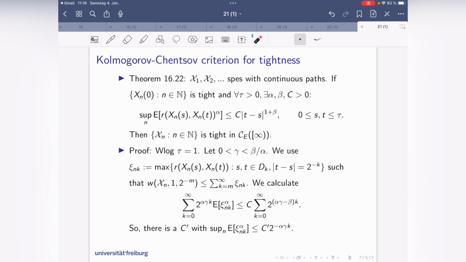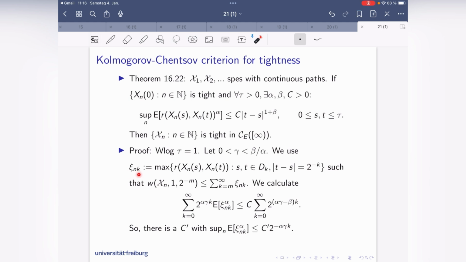Okay, how can we see this? Just very briefly. So the proof is relatively similar to the proof of the Kolmogorov-Chentsov criterion for a version or modification with continuous paths.